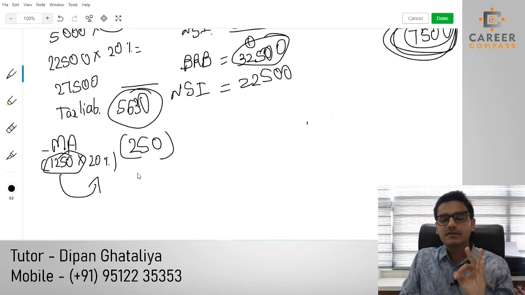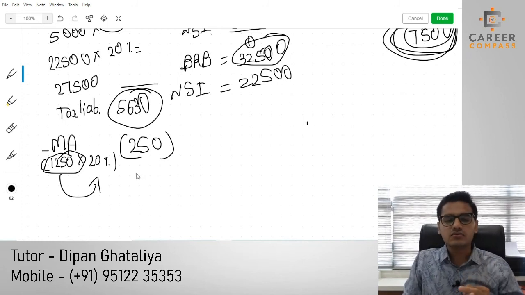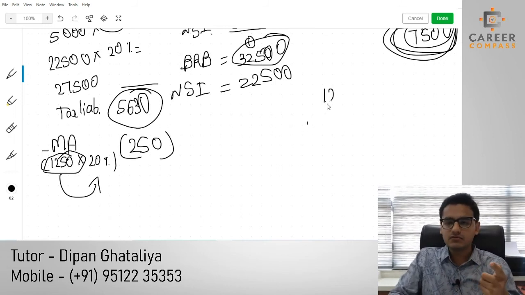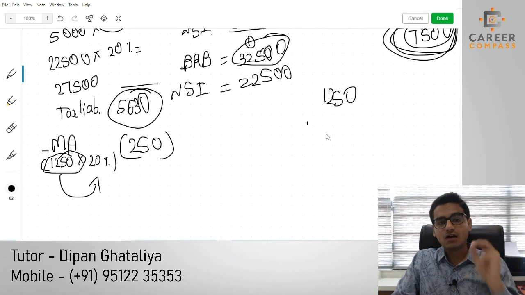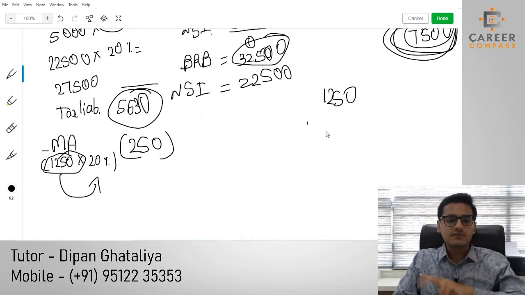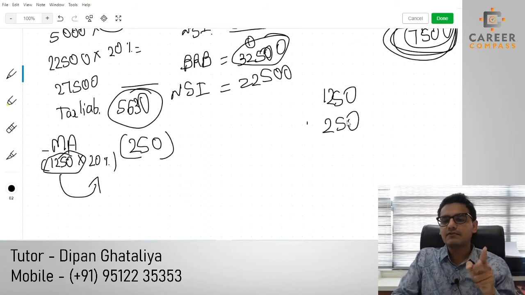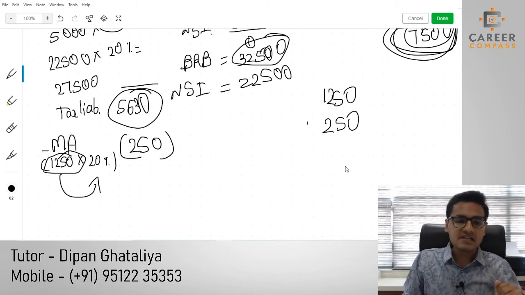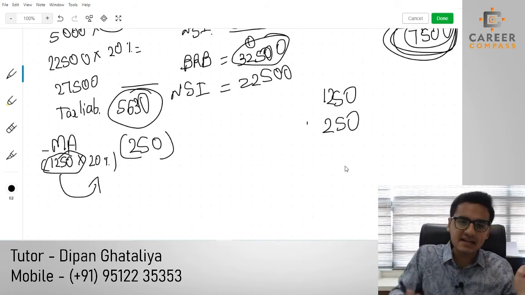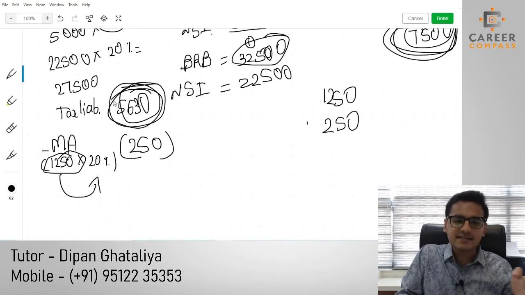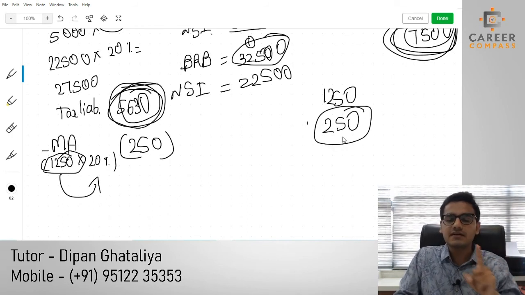So students, if anyone asks you how much marriage allowance you can get, then your answer should be 1250. And if they ask how much will be the tax benefit from marriage allowance, then it will be 250. Now if someone asks you how much marriage allowance you can deduct from the tax liability, then your answer should be 250.